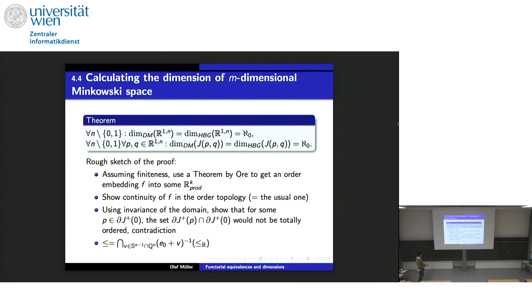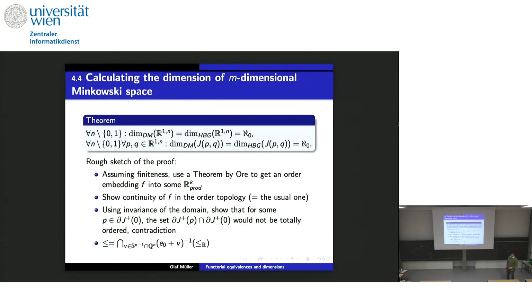So we assume finiteness, and then we use a theorem by Oystein Ore to get an order embedding. Order embedding means that the order on the left-hand side corresponds exactly to the order on the right-hand side on the image, into some product space R^k with a product order.